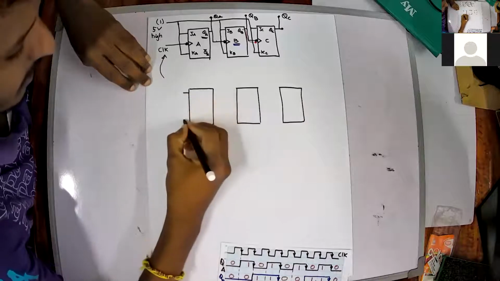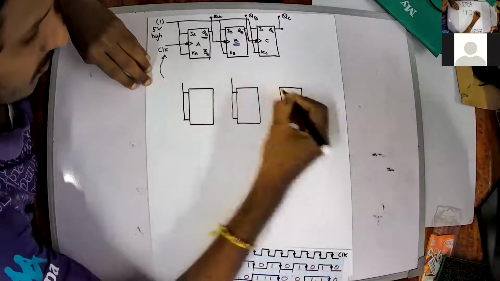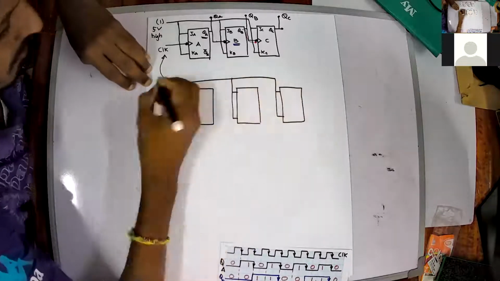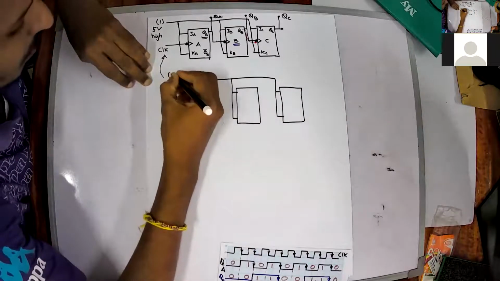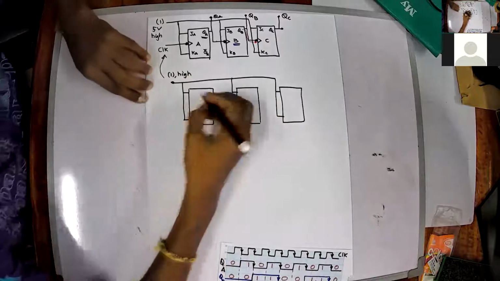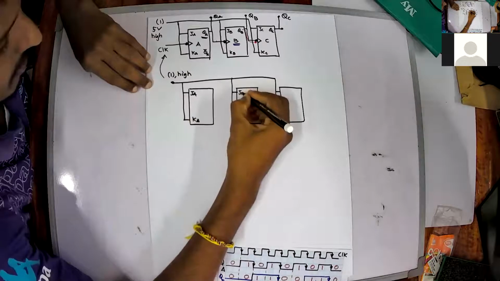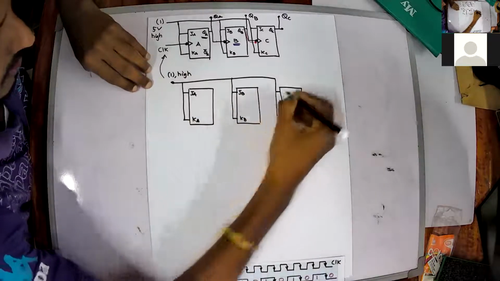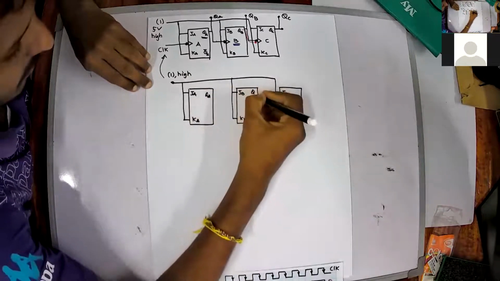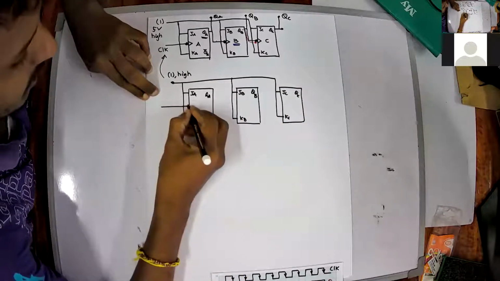JA and KA should be connected to 1, that is, to high. So this is JA, KA, JB, KB, JC, KC, QA, QB, QC. Now this is my clock pulse.